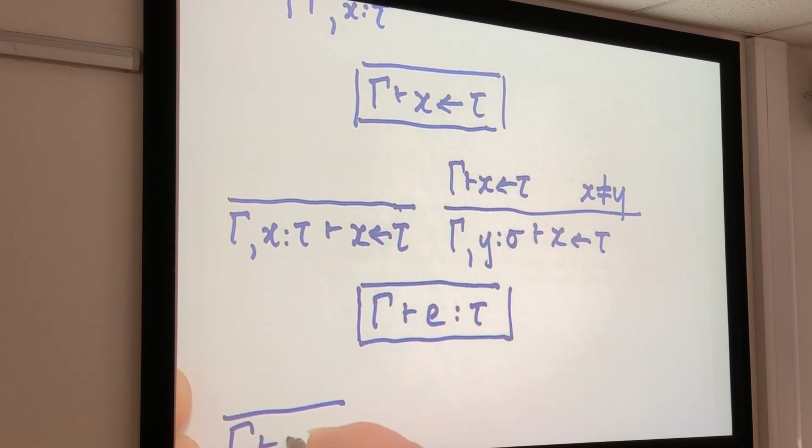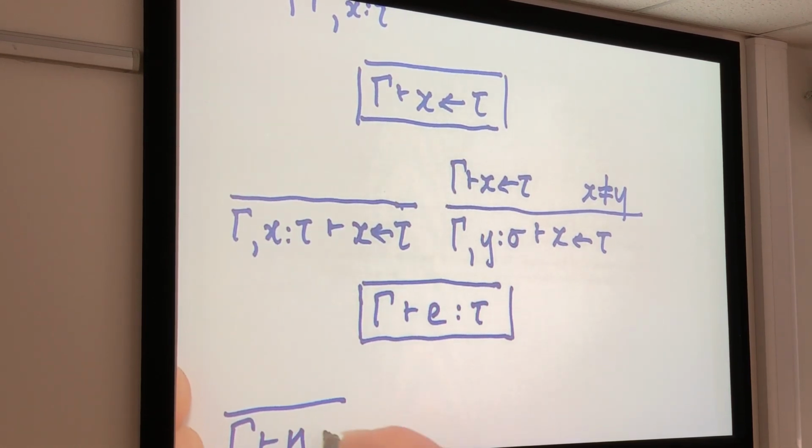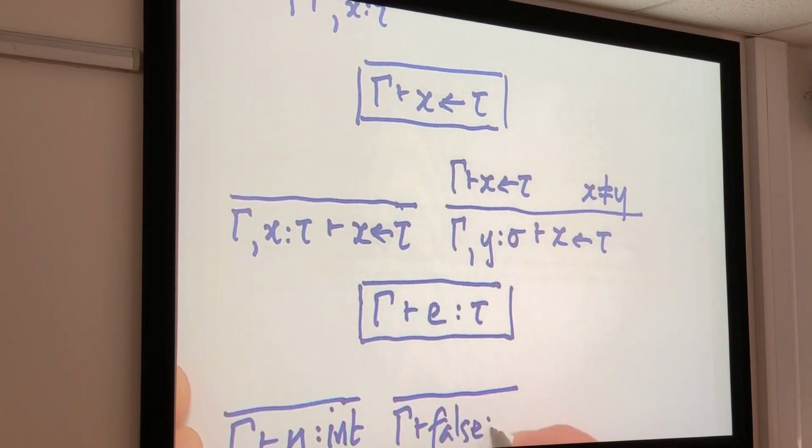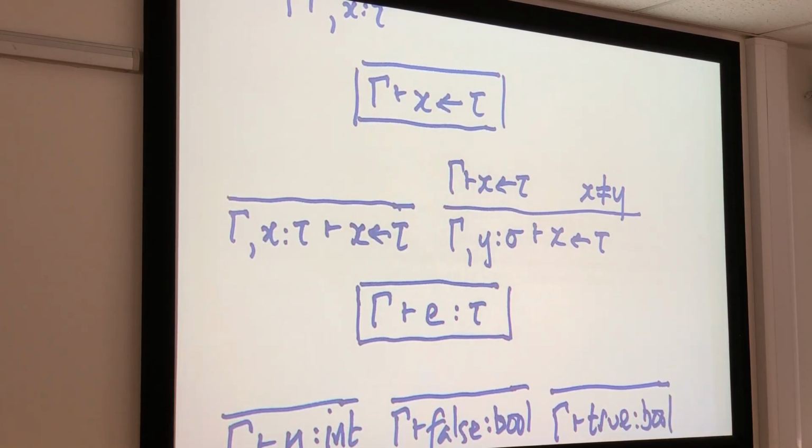If somebody gives us a number n, that's going to have type int. If somebody gives us false, that's going to have type bool. And, you know, true is also going to have type bool.